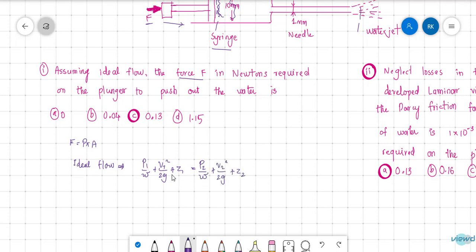Since this is a horizontal one, Z1 is equal to Z2, so those get cancelled. And P2, what about P2? P2 is equal to atmospheric pressure, and that will be gauge pressure at section 2, which will be 0. So P2 is equal to 0, considering the gauge pressure.